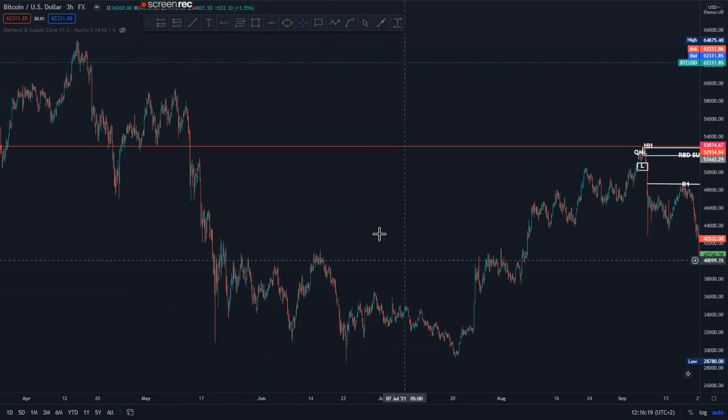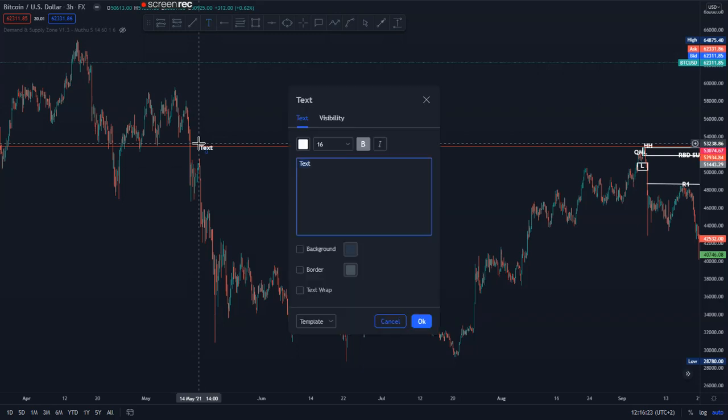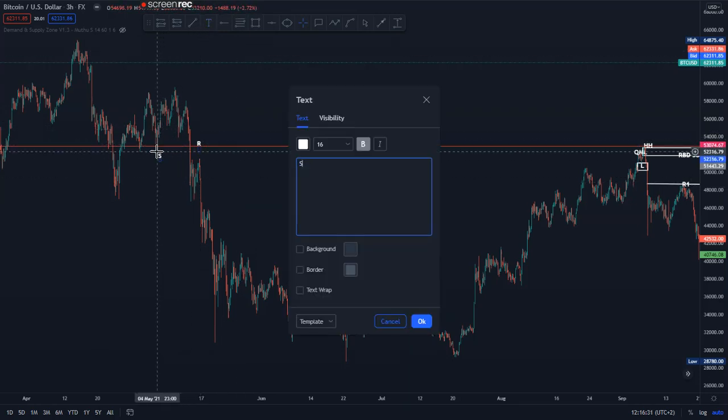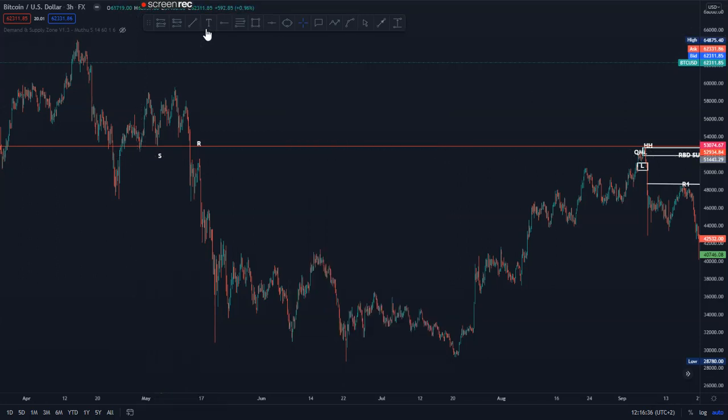This particular level here acted more like resistance. It was resistance right here, and then this was support. This was also support.